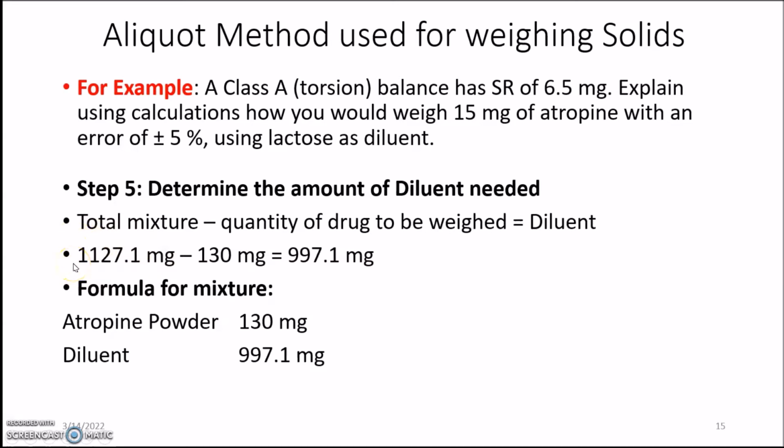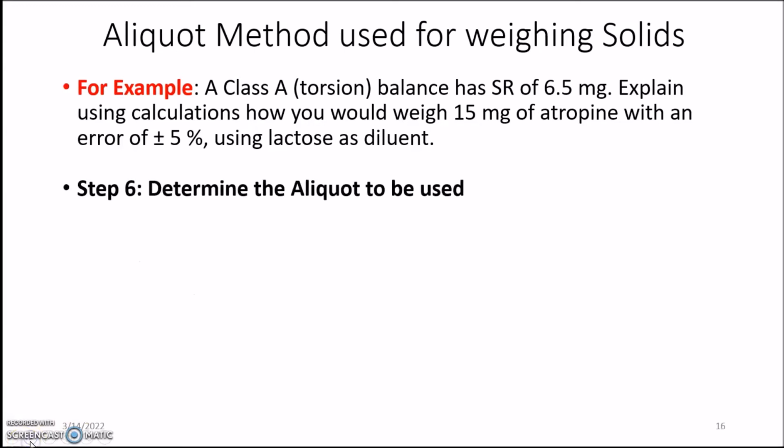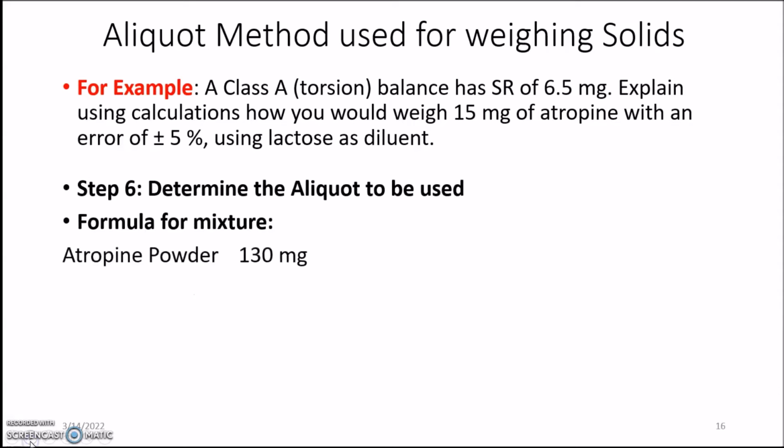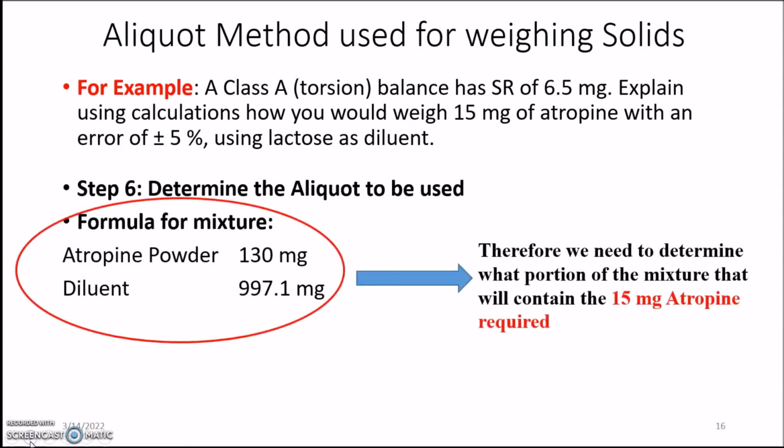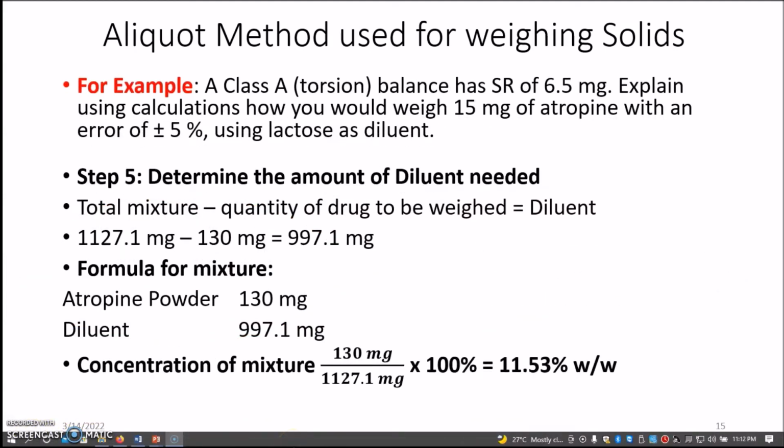But you want to find out now what proportion of this mixture will contain 15 milligrams. And when you cross multiply, you will end up with 130. Alright? So that is how we use the aliquot method to weigh small quantities.